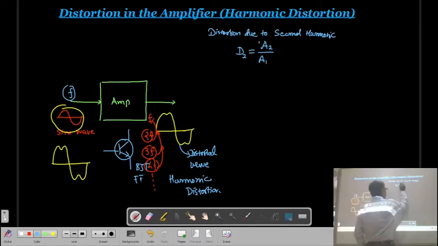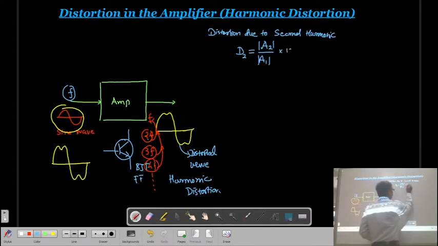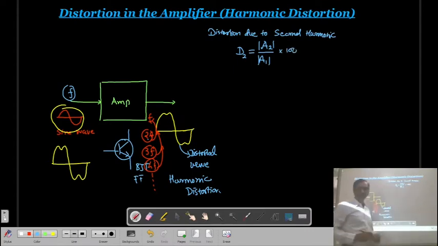And we take the modulus because the distortion cannot be negative. So the ratio of the amplitude of the second harmonic and the amplitude of the fundamental frequency is known as the distortion due to the second harmonic. Normally we measure this distortion in percentage, so you can multiply by 100.